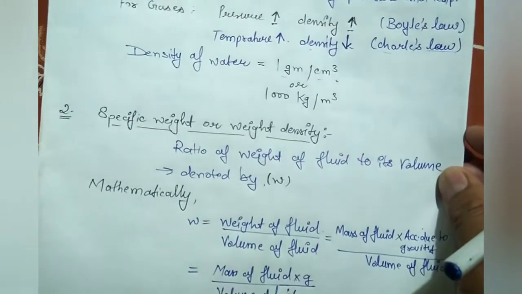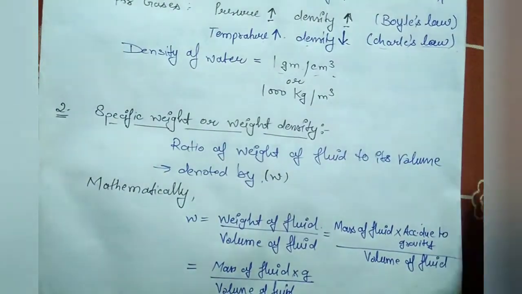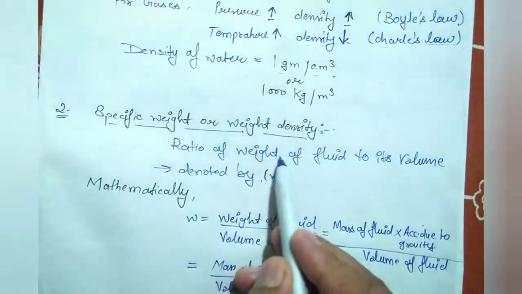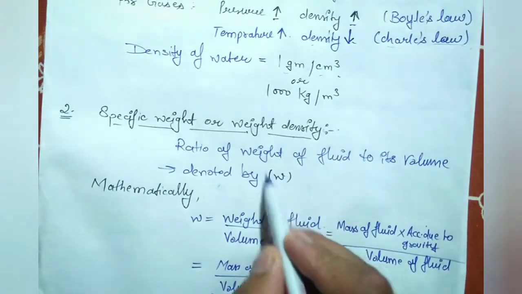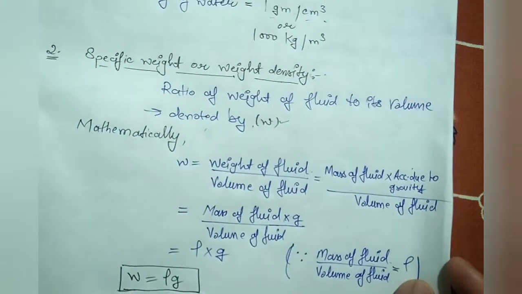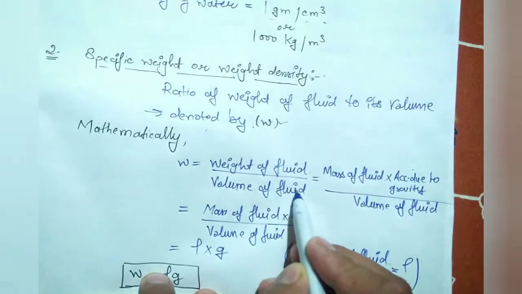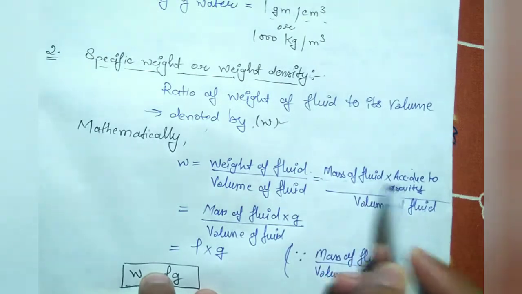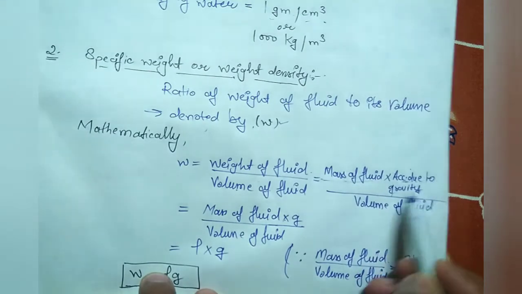Now moving to the next property, specific weight, which we also call weight density. It is the ratio of weight of a fluid to its volume, denoted by small w. Mathematically, it is the weight of the fluid divided by the volume of the fluid. Weight is mass of fluid multiplied by acceleration due to gravity.